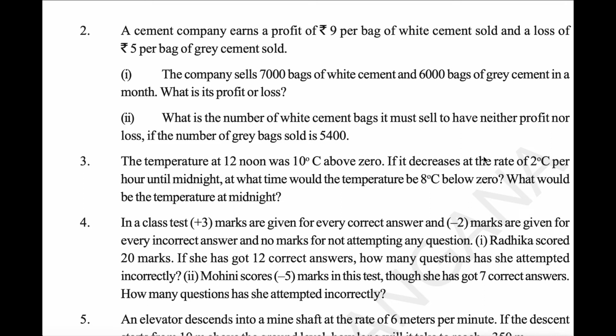What is its profit or loss? 7,000 bags of white cement. 6,000 bags of grey cement. Okay. So 9 minus 4 is what? 9 minus 5 is 4. Okay.